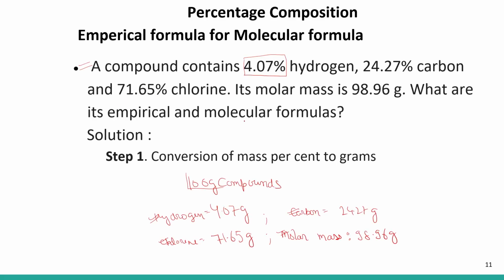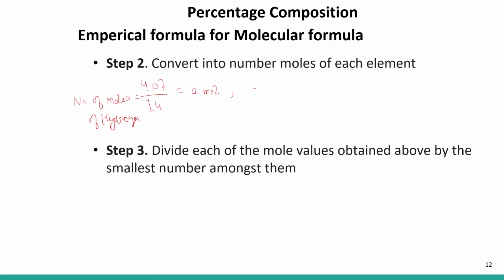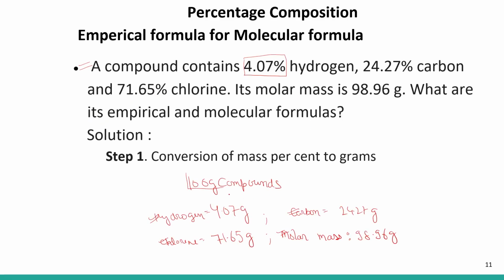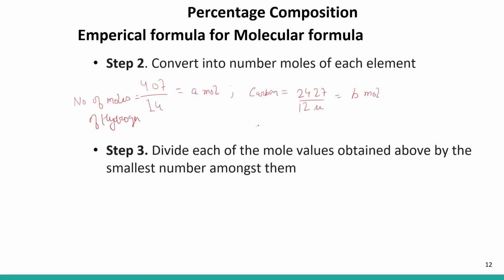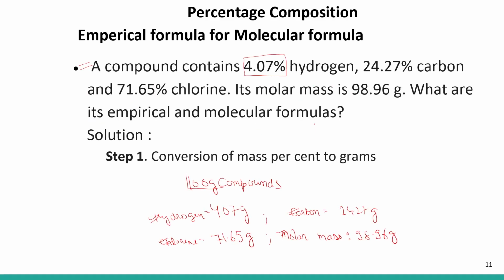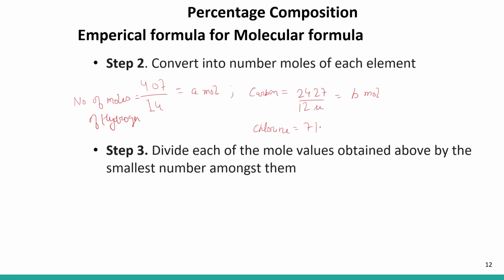Similarly, for carbon it will be 24.27 by 12 u. Okay. So suppose you get B mole. Then comes chlorine. Okay, chlorine. It is 71.65.